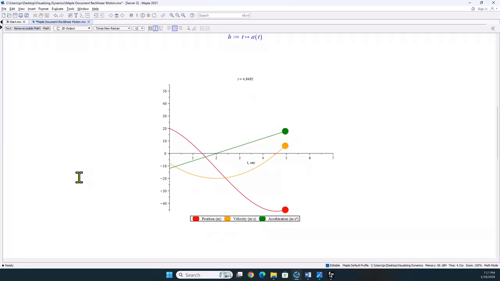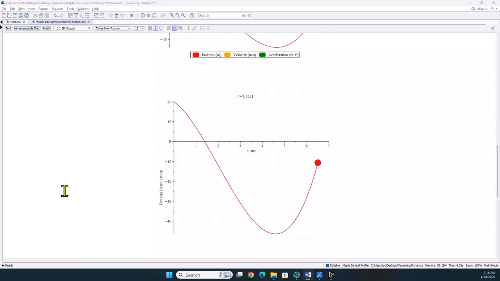Maple will also plot and animate the position, velocity, and acceleration functions within the time interval given. Here I am plotting only the position function to observe more clearly the motion of the particle. This is the position coordinate x plotted versus time.